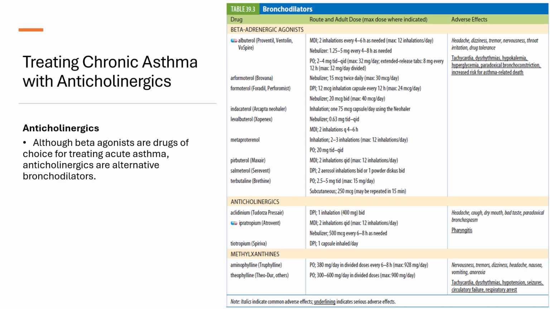Tiotropium has a longer duration of action than your ipratropium and is indicated for the long-term maintenance treatment and prophylaxis of bronchospasm in patients with COPD, including chronic bronchitis and emphysema. The inhaled anticholinergics are relatively safe medications, and the systemic anticholinergic adverse effects are uncommon.